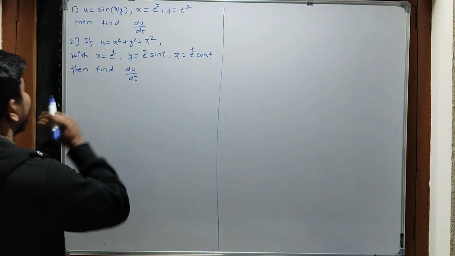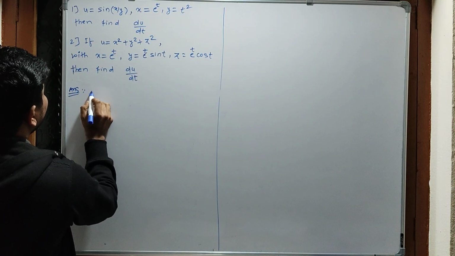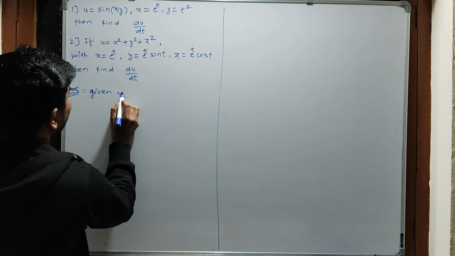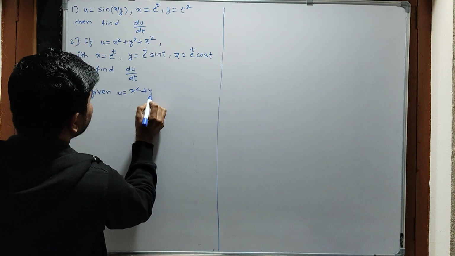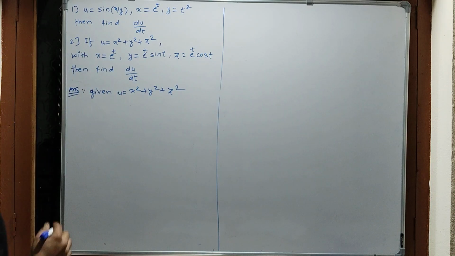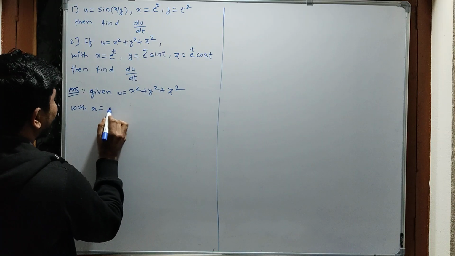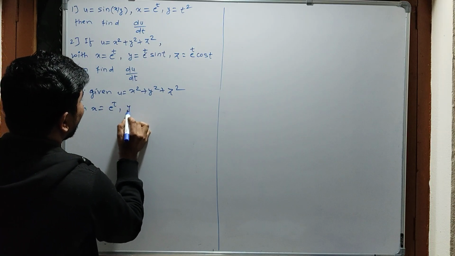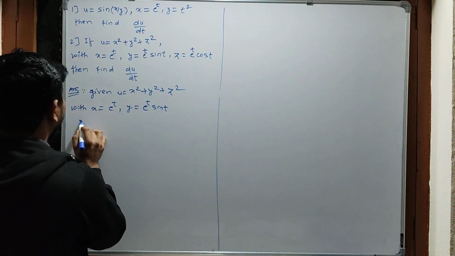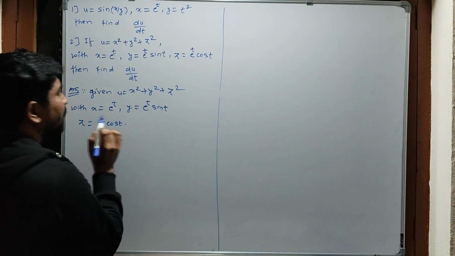Now first write the given information. Given u equals x square plus y square plus z square, with x equal to e to the power t, y equal to e to the power t sin t, and z equal to e to the power t cos t.